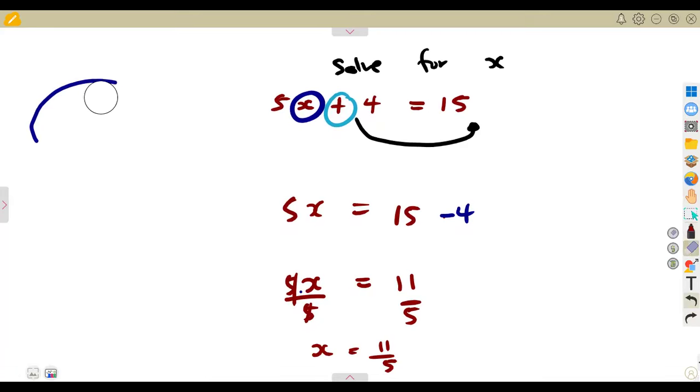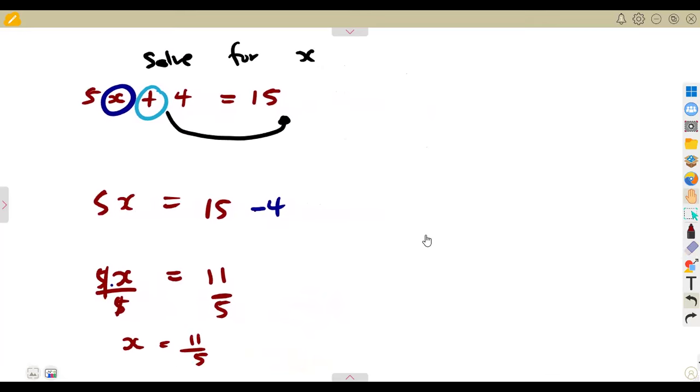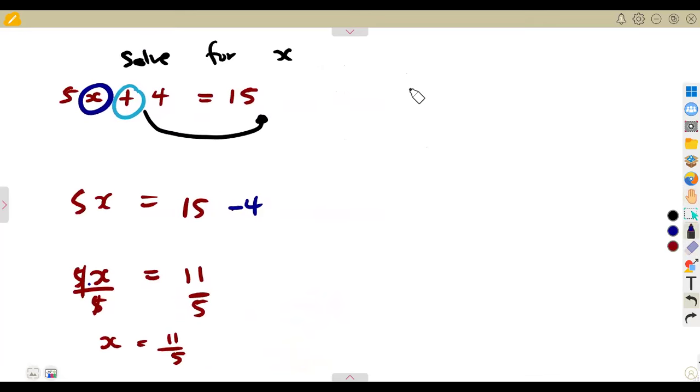That's how you solve an equation, a linear equation. So this is called a linear equation. If we are to check this, to prove this, we take the value of x, which is 11 over 5, and substitute here.